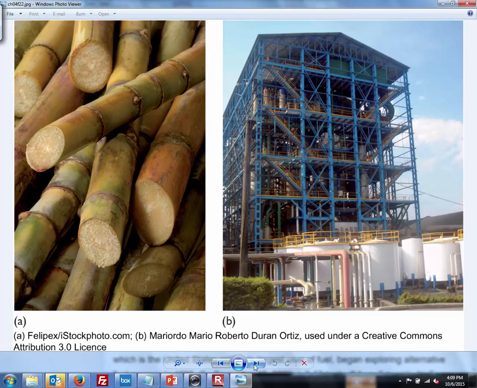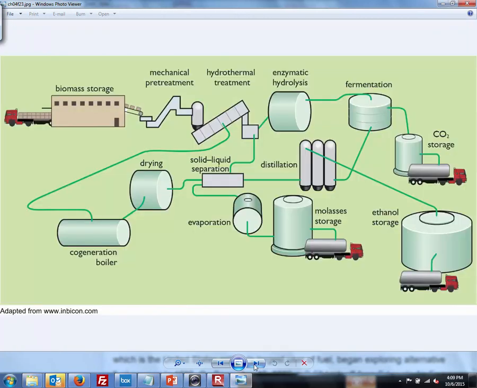The next section is enzymatic conversion, and an enzyme is just a fancy word for a protein that actually takes one larger molecule and converts it to a smaller one that can then be used in a thermal process. Okay, here's ethanol production from straw.